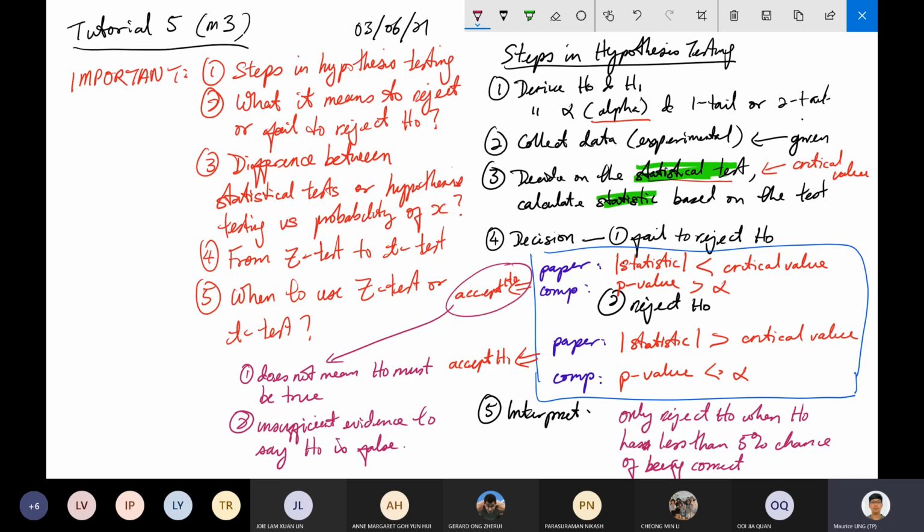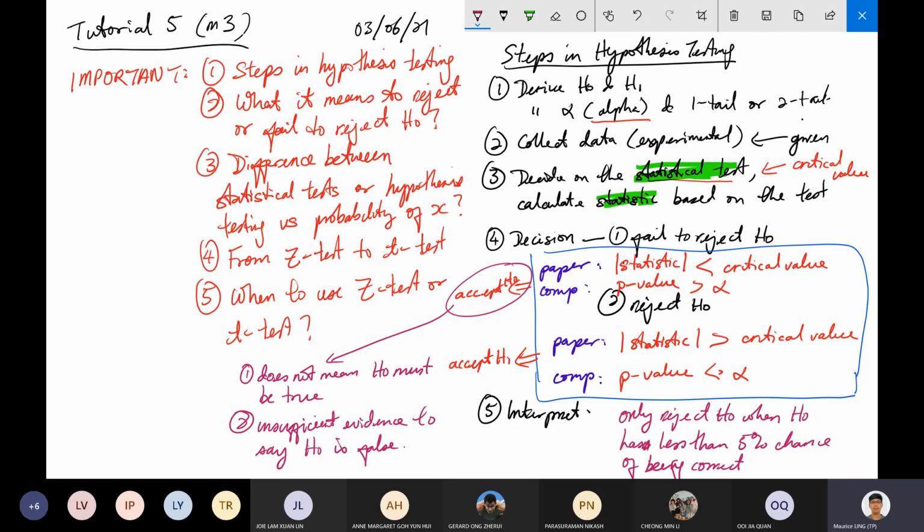Any problem with this? No, you're innocent until proven guilty, not the other way around. So if you cannot prove the person guilty, automatically the person is innocent. If you have insufficient evidence to prove that person guilty, then the person is still innocent.